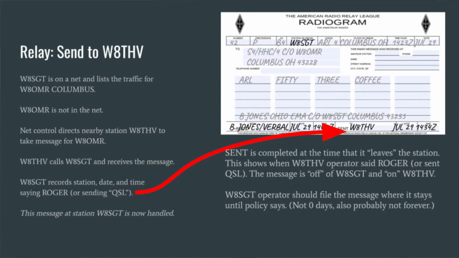Net control directs a station, W8THV, known to be able to communicate with W8OMR, to take the message. W8THV calls W8SGT and says, "Ready to copy?" W8SGT transmits the message.